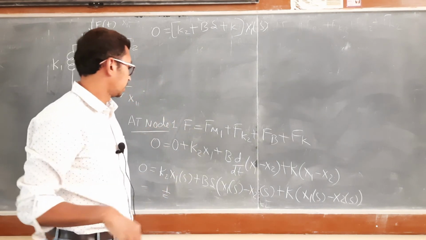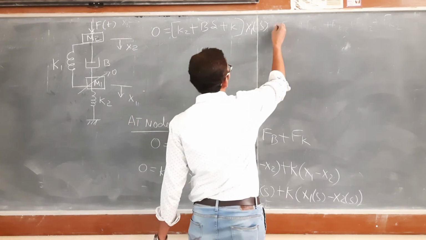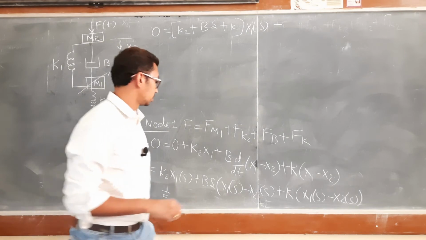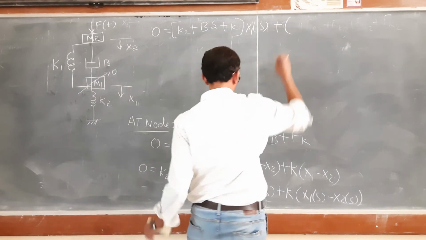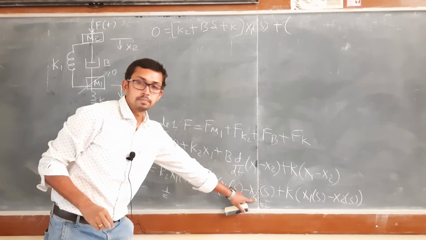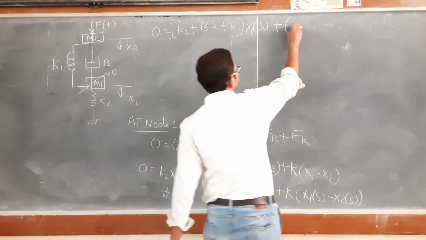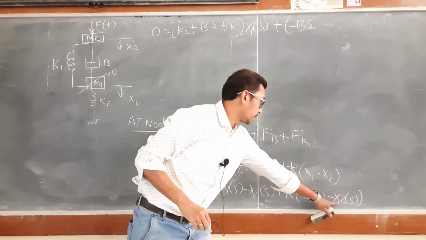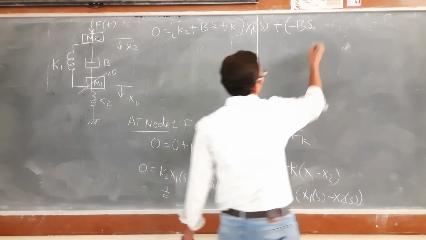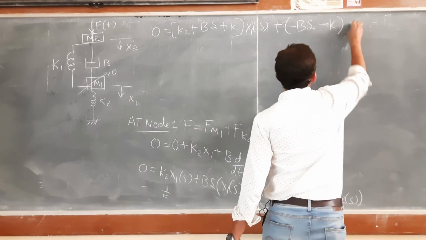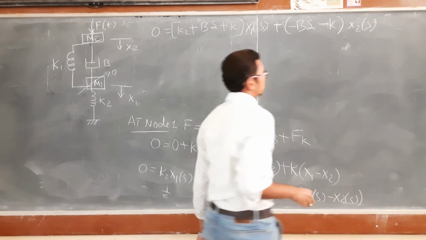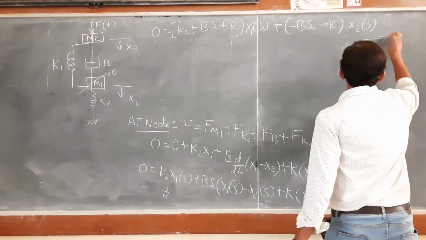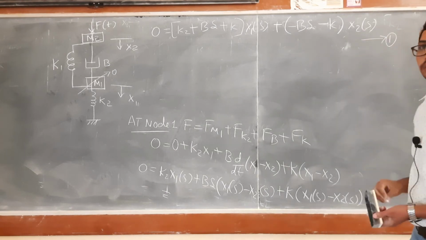I am going to take x2, so it will be minus Bs, minus K1, multiplied by x2 of s. Okay, so let me take this as equation number 1.